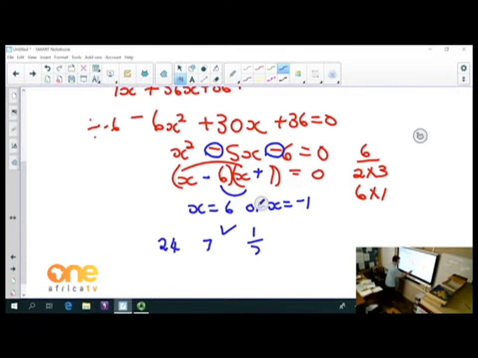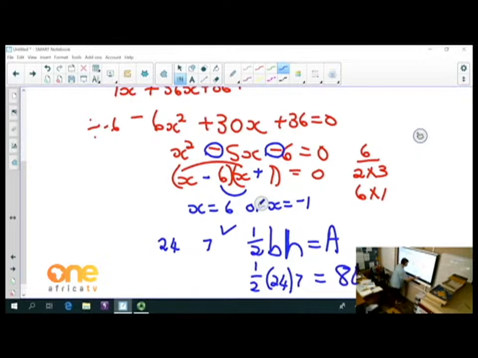So half base times height to find the area is a half of 24 times 7, and the answer is 12 times 7, 84 square centimeters. 84 square centimeters then for that one.